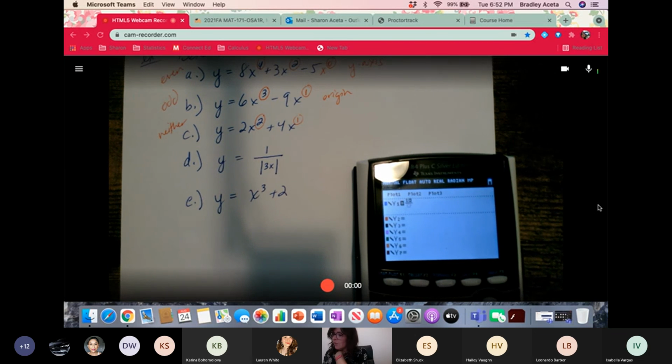Then you can type 1 divided by, and to put an absolute value in here, you have to go math, num, abs. Then put 3x, 1 over the absolute value of 3x, and then hit graph.